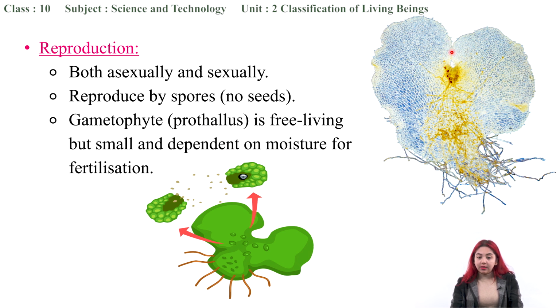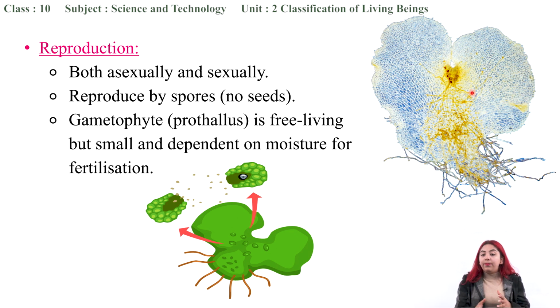As you can see here, this is a prothallus which is a gametophyte, and this prothallus is a free living structure which is small and it is only dependent on moisture for fertilization.